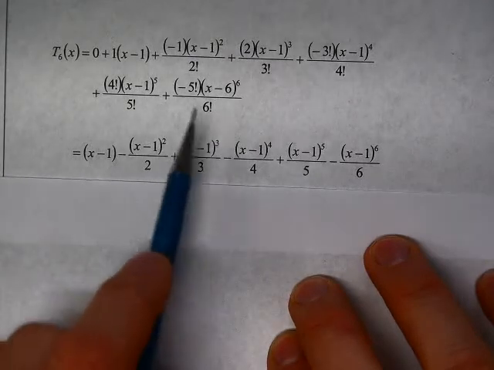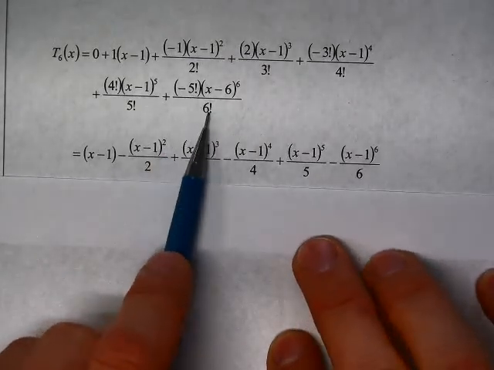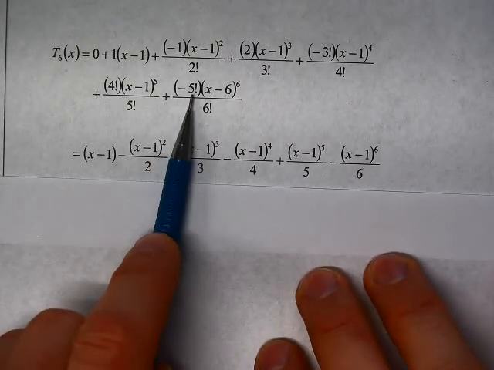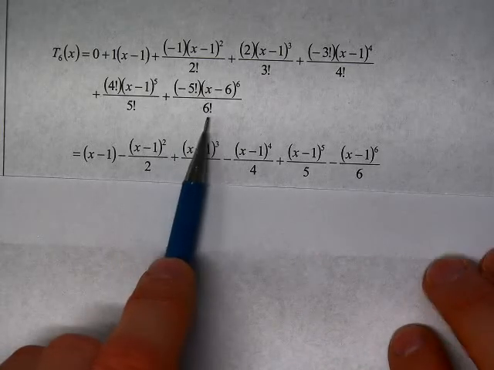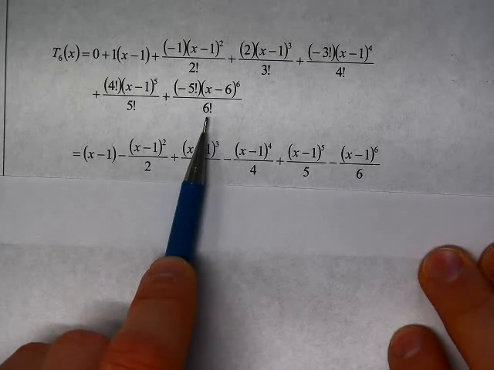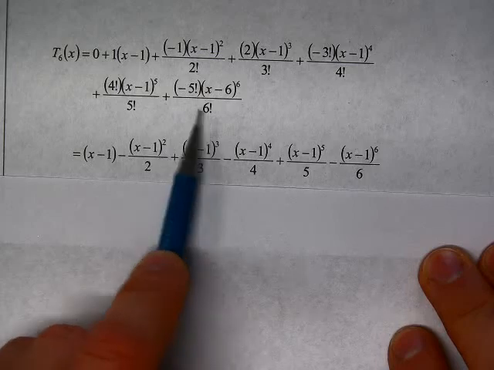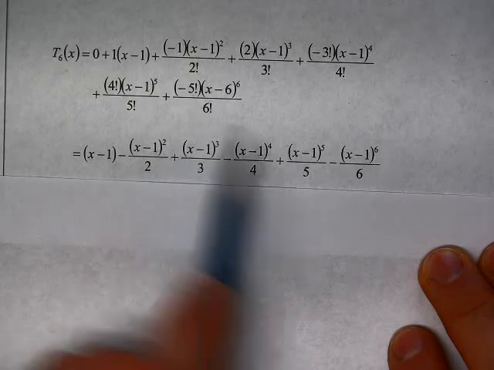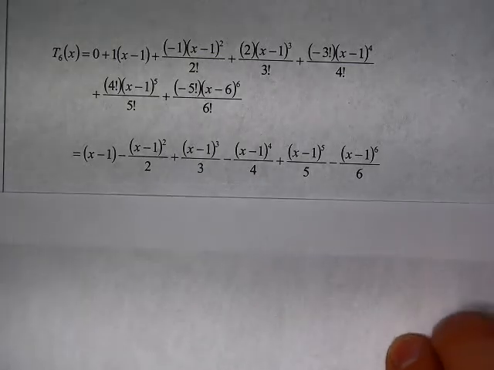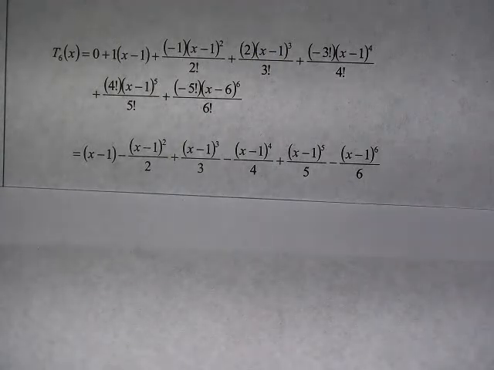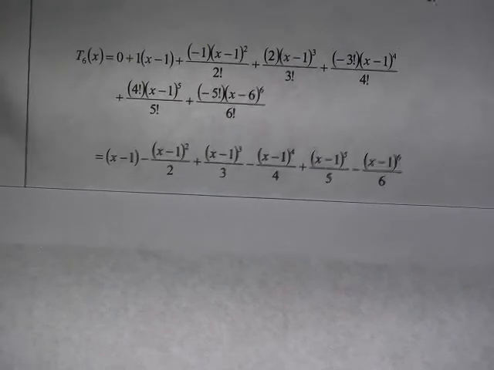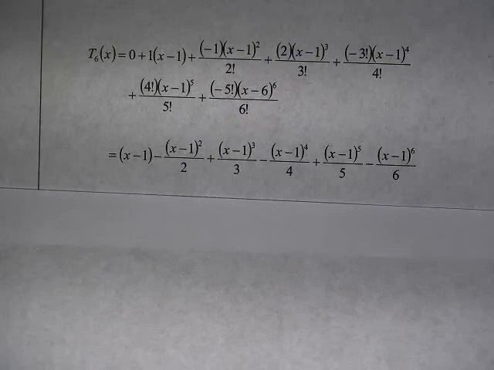For instance, with this last term, 5 factorial over 6 factorial, this is 5 times 4 times 3 times 2 times 1 over 6 times 5 times 4 times 3 times 2 times 1. So the 5 factorial cancels out everything but the 6 itself. So we're left with an expression that no longer has factorials in it. They were there in the development, but they're not there in the final statement.